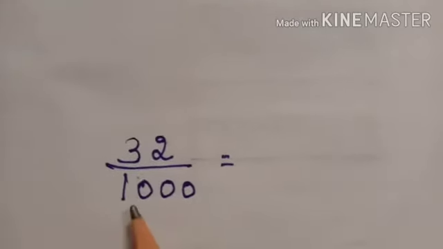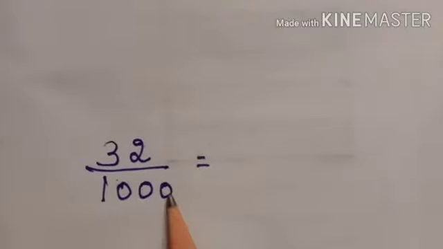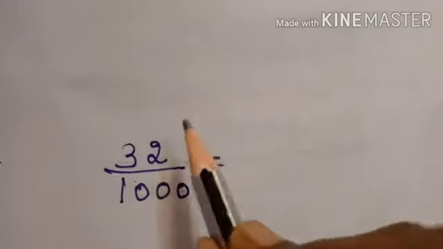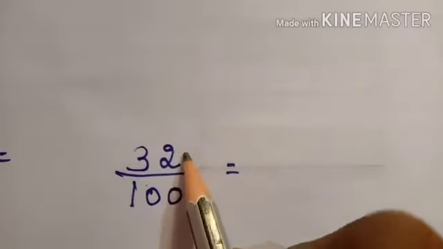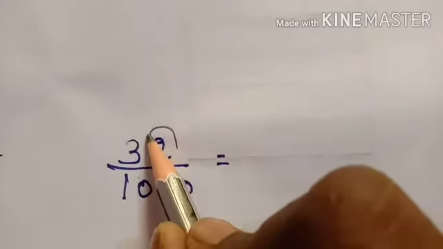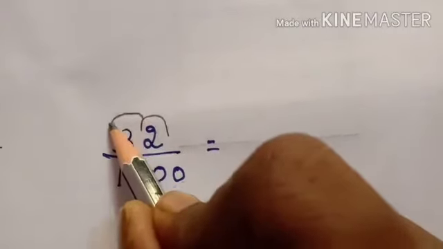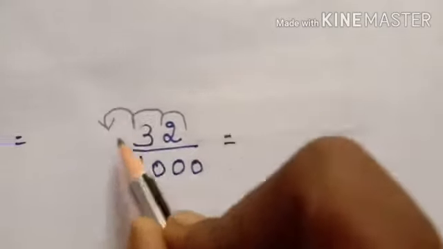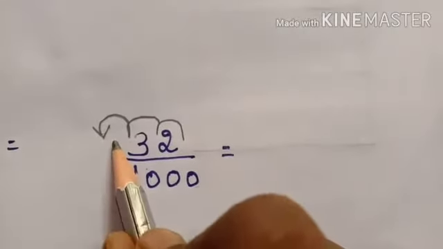Next fraction is 32 by 1000. Here, how many zeros in the denominator? Yes, good. 3 zeros. So we have to take 3 decimal places from right to left. 1, 2 and 3. And then put the decimal point where the arrow ends.